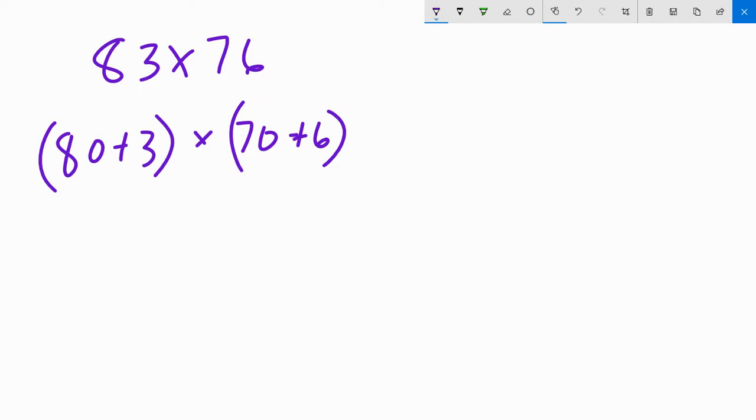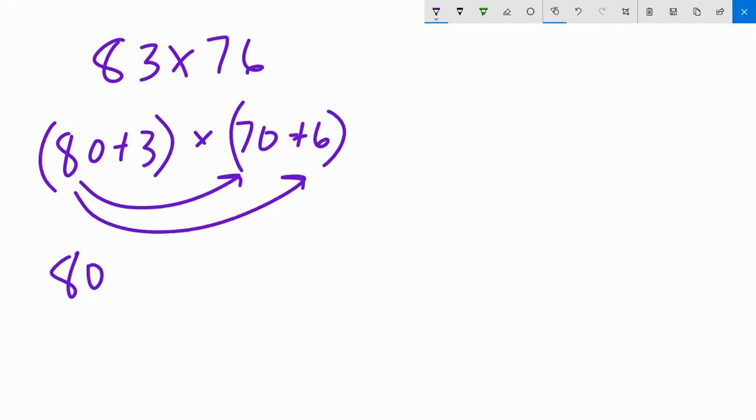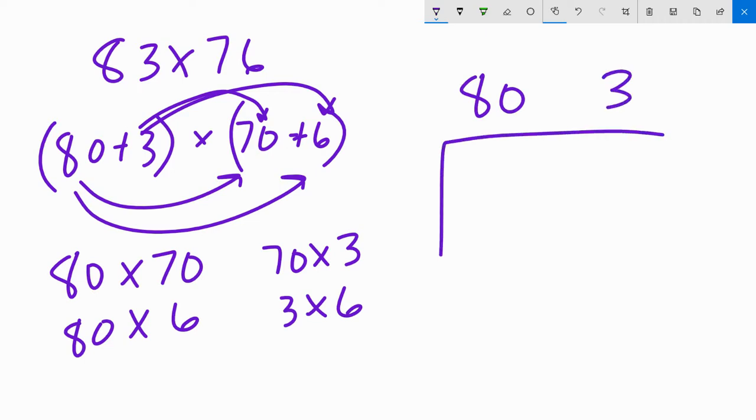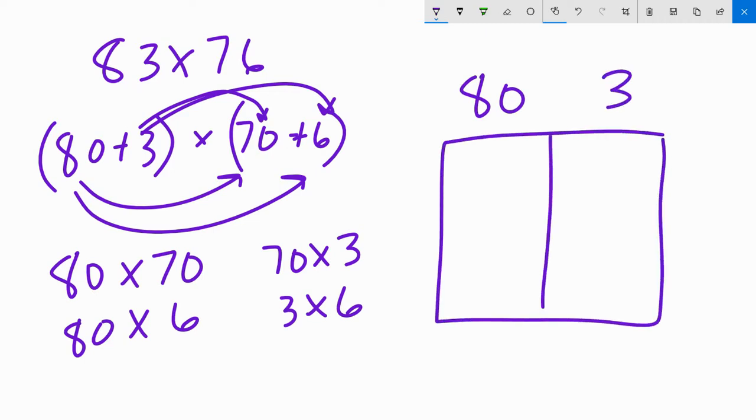So this one, we distribute the 80 to the 70 and the 80 to the 6. So if this doesn't look familiar, I promise we did this at some point this year. And then 3 times 70 and 3 times 6. You could go back in your notebook right now to previous pages and find this. That's the distributive property. But if you don't like it, I will remind you that we broke up the numbers and we used the window, the area model, for this as well.